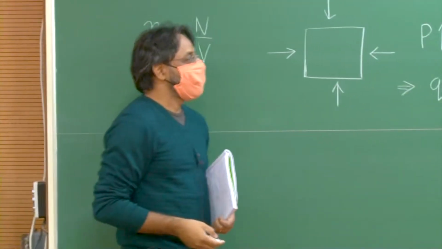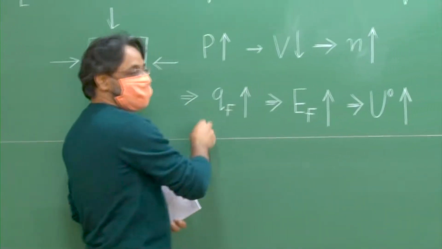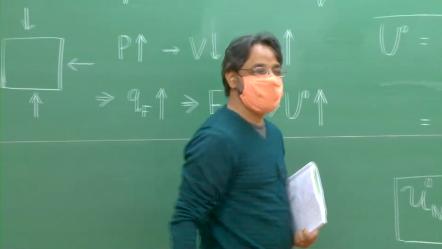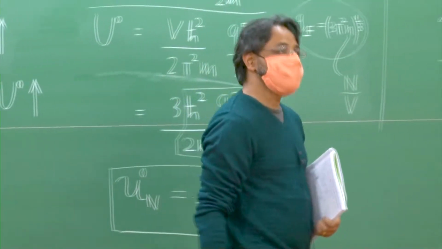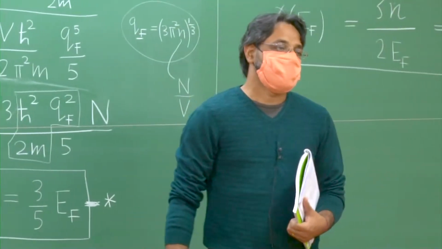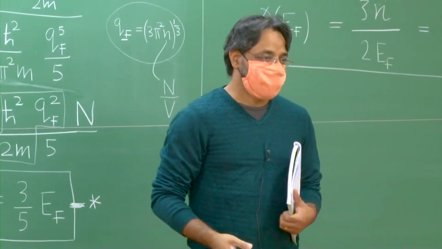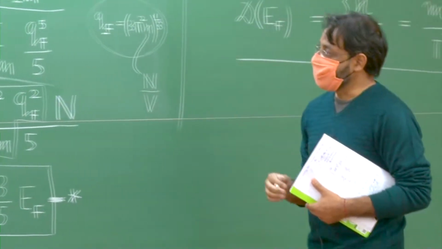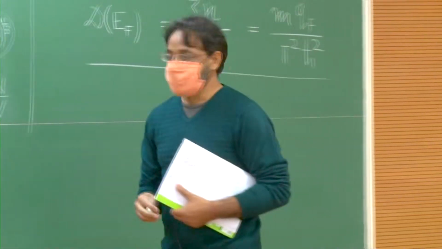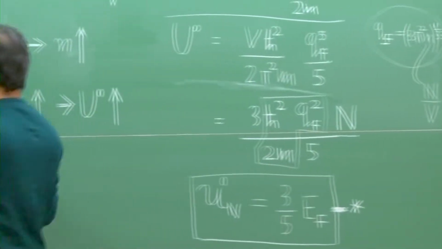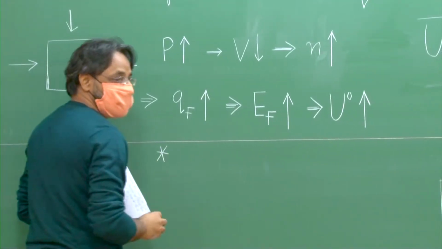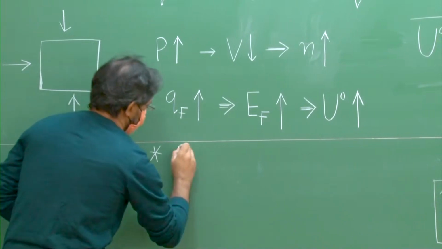So the electron gas would not like this whole scenario, so it will resist this compression. And the resistance to the compression is quantified in terms of bulk modulus. So we are going to now calculate the bulk modulus for the electron gas. The message that comes out from here is that the electron gas would resist a compression.